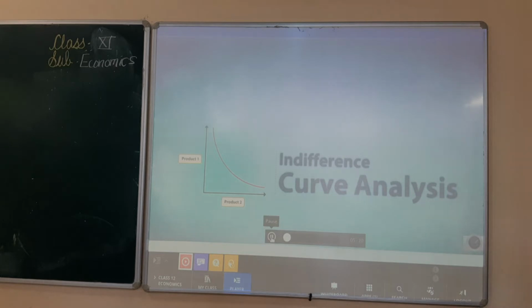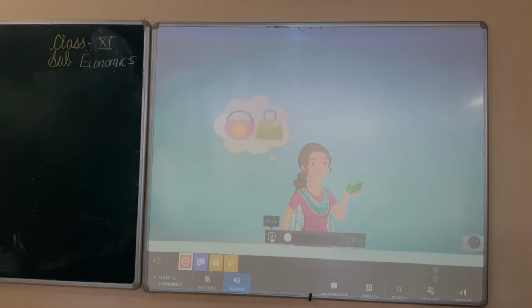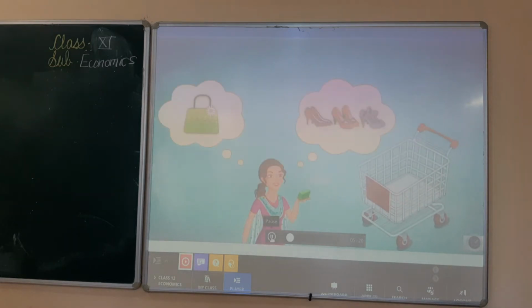Indifference curve analysis. Have you ever had to juggle your money between 2 or more commodities? Have you ever decided to buy less of something so that you can buy more of something else? Most likely you have. When we have limited money and need to choose how to spend it, we try to buy a combination of items or services that will give us the maximum satisfaction or value for money.